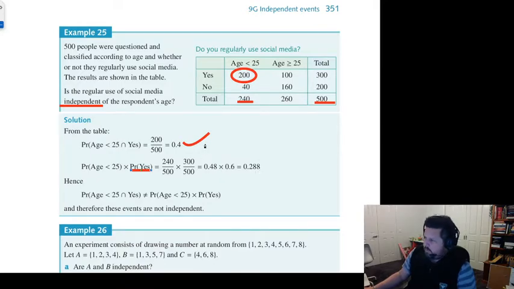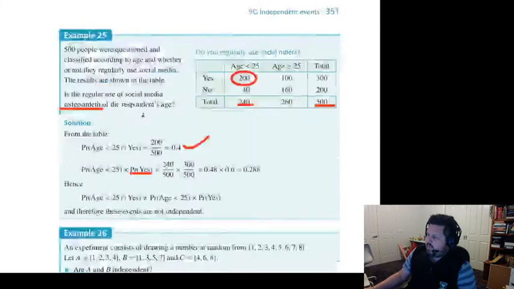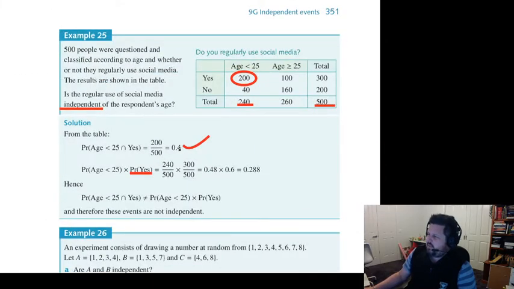Now, as we set up here, if the intersection of them was equal to the probability of each of them multiplied by each other, then they were independent. In this particular case, it turns out the intersection, which was 0.4, isn't equal to the product of the probabilities of those events, which was 0.288, so therefore they are not independent.